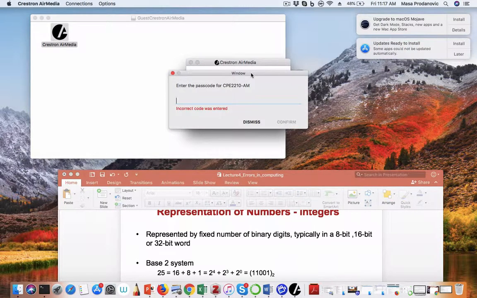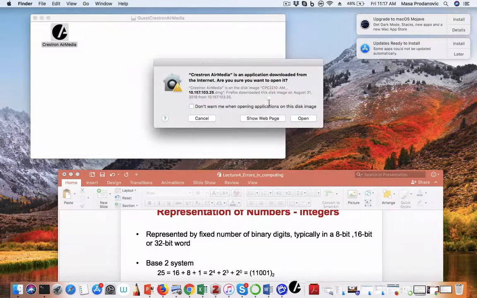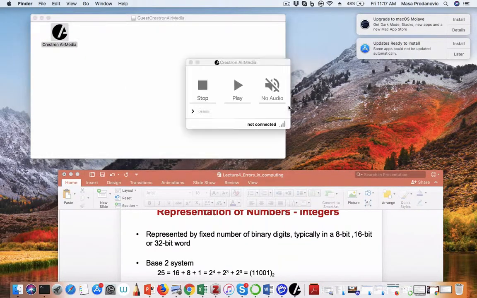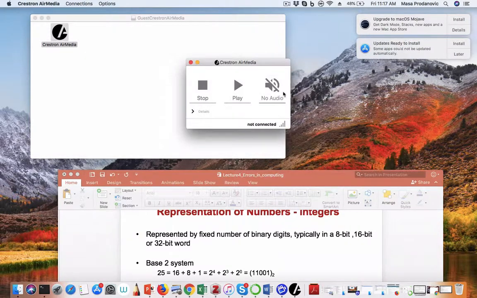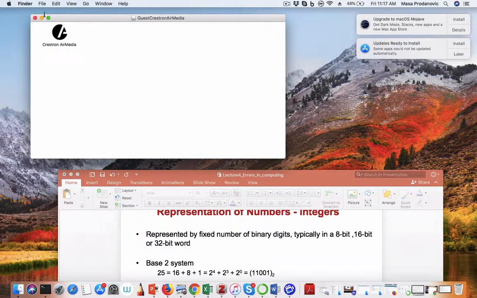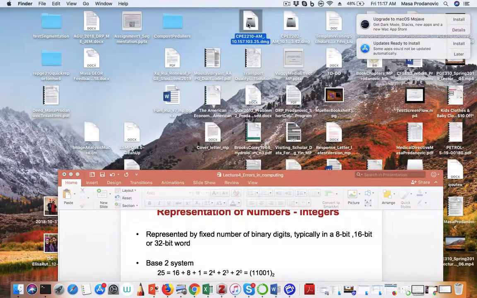I gotta restart. It says 7801, correct? Computer doesn't like me this morning. I'm gonna quickly restart the whole thing.